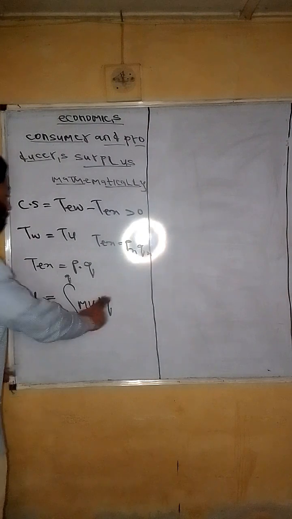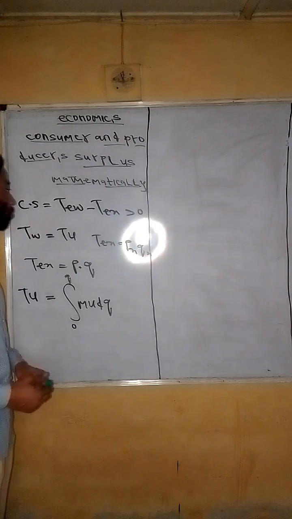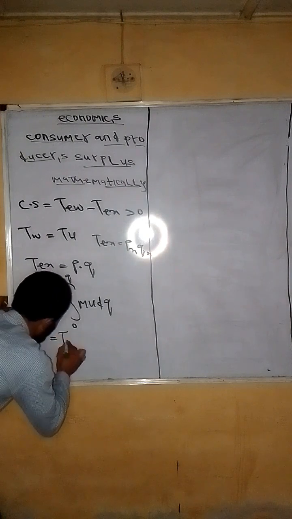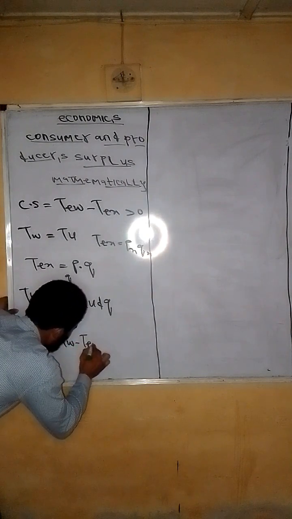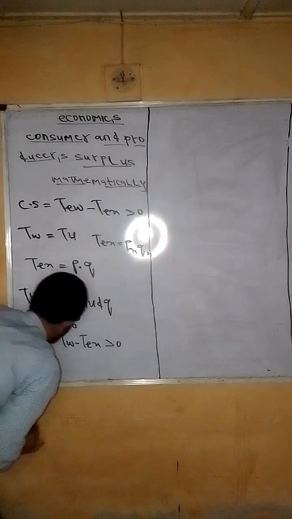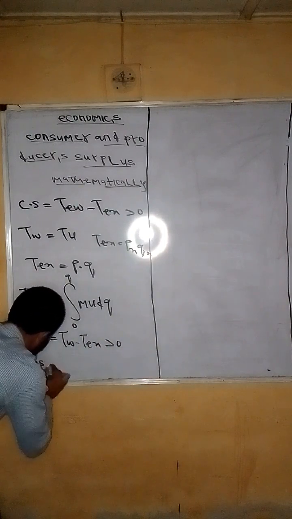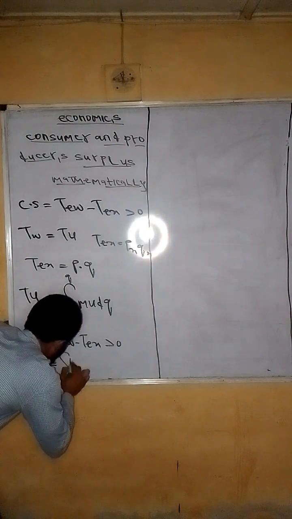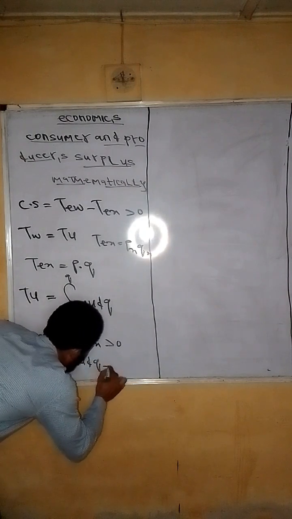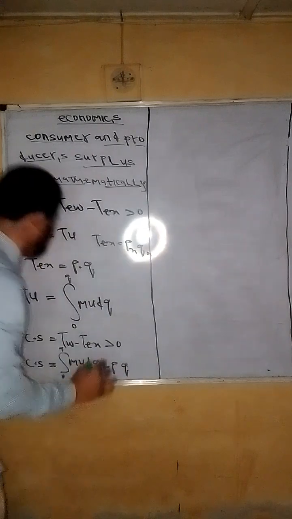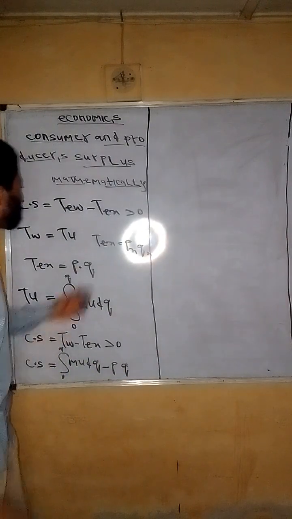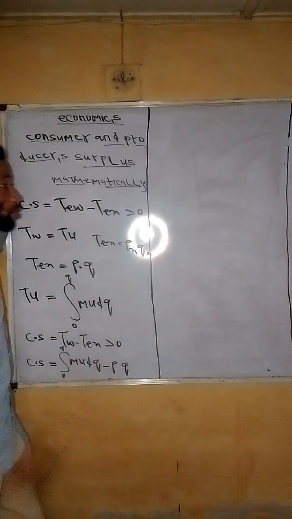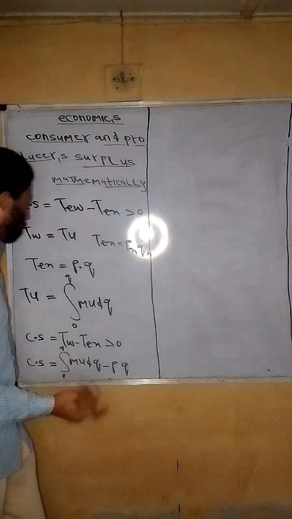Now, if consumer surplus, CS, is total welfare minus total expenditure and is bigger than 0, it simply means that total welfare is the integral from 0 to Q of MU dQ, minus P times Q. Remember that total expenditure is the price of each good you are buying times the quantity of the goods you want to buy.